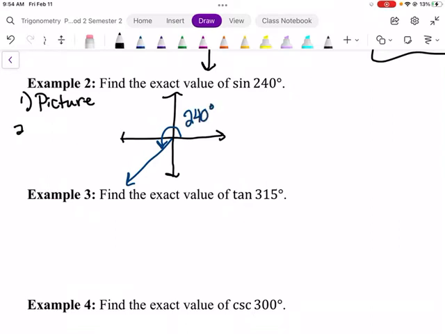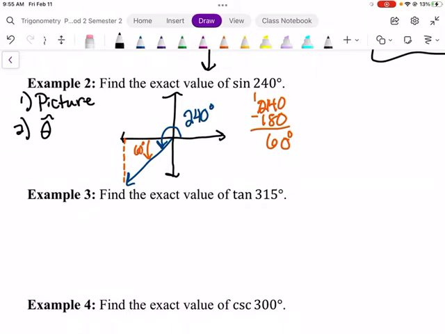Step 2, you're going to find your reference angle, which we represent with theta with a little caret above it. So in this one, we're going to take 240 minus 180, and that will give us our reference angle of 60 degrees. So we know that's 60 degrees.